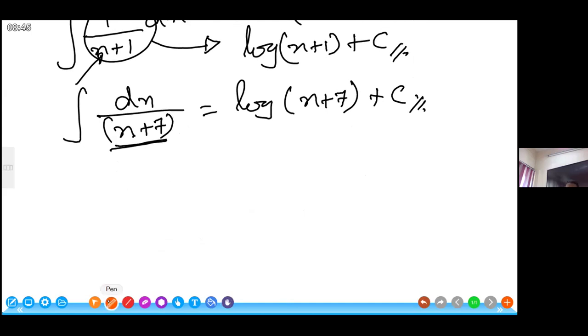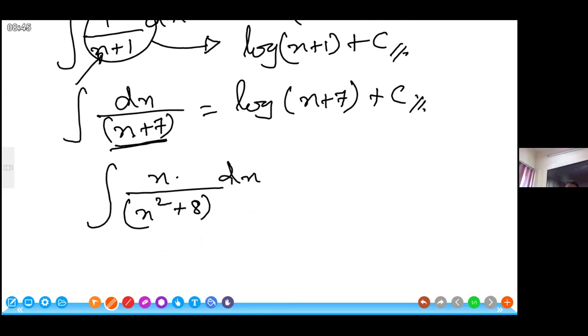Can you remember the integration of x by x squared plus 8 dx? How can we write this? We can write it as the integration of 1 over 2 into 2x dx by x squared plus 8, isn't it?